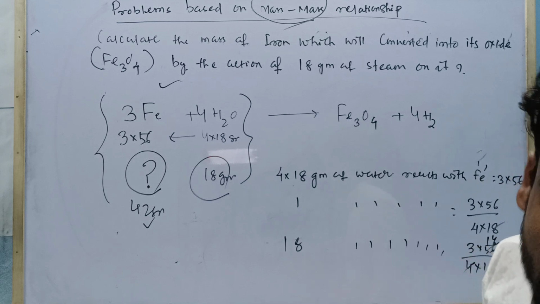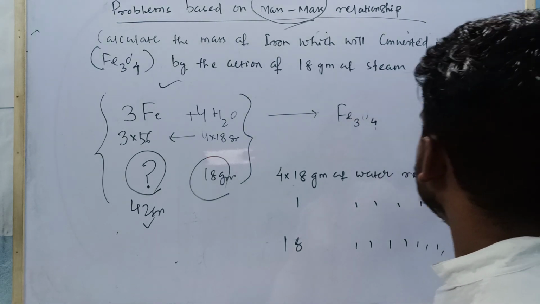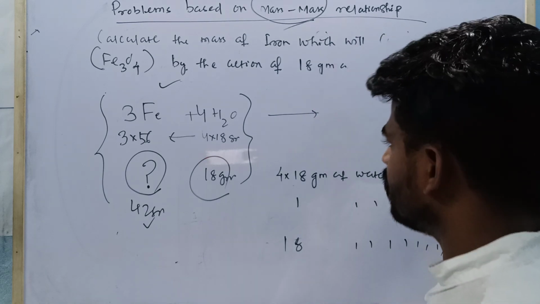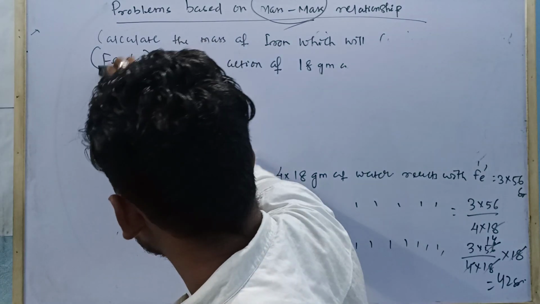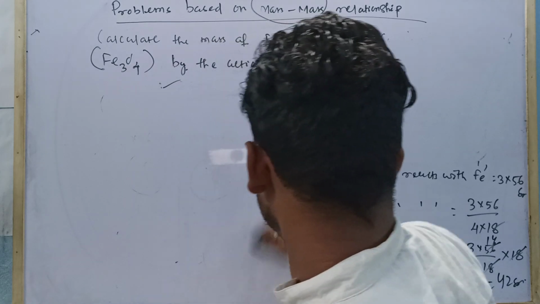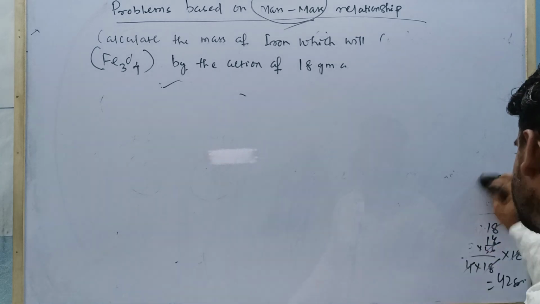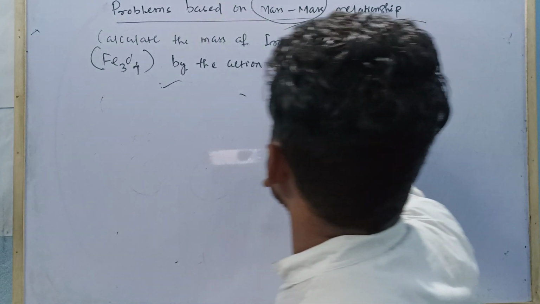Okay, so next we will go through another class of stoichiometry calculation, that is your mass volume relationship. You have to consider mass with volume.